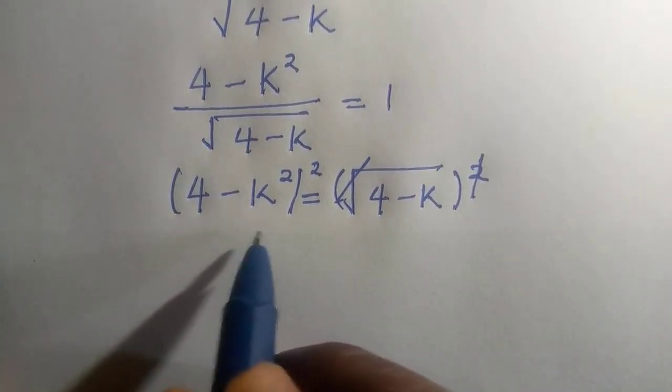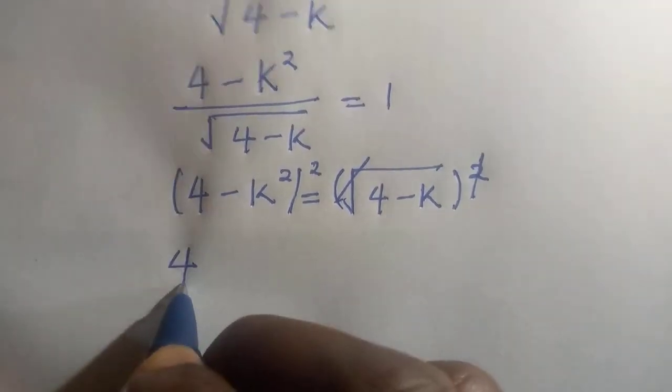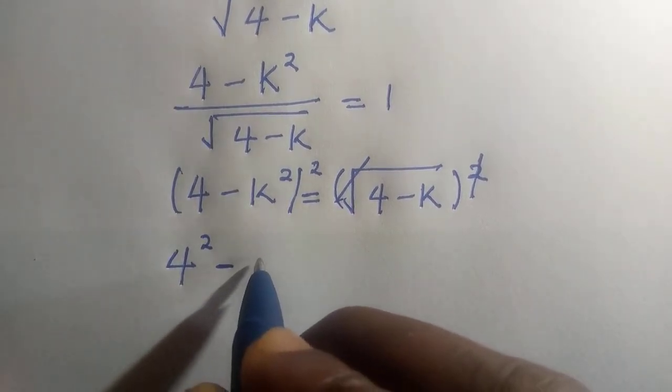When we expand (4 - k²)², we are going to have something of this form: 4² - 2 × 4k² + k⁴ equals 4 - k. So let's take all of this to the left-hand side.